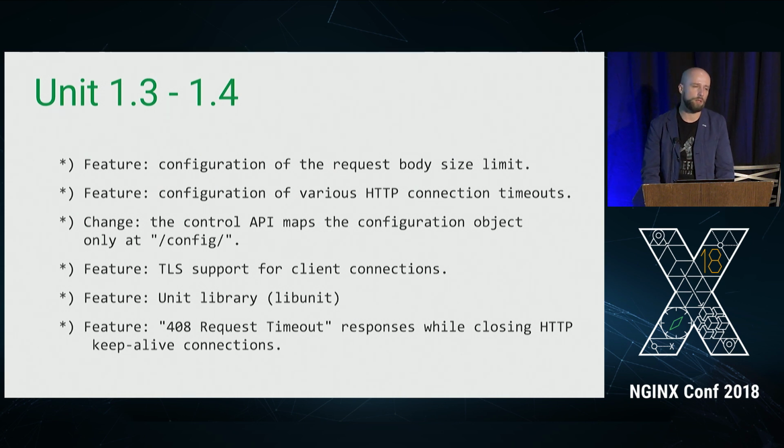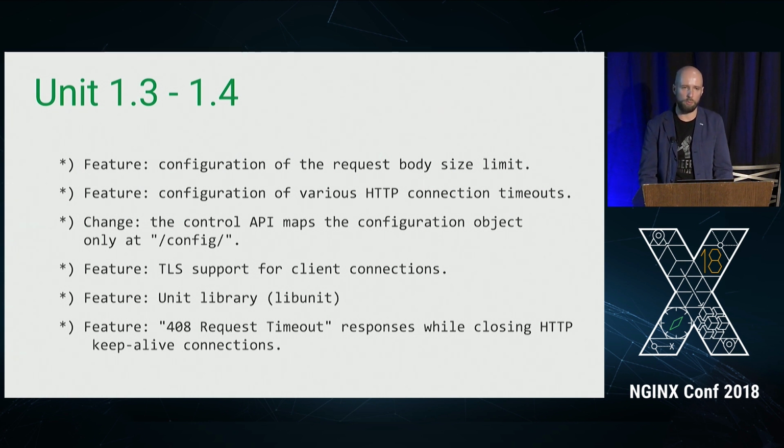Next, we moved the control API location from / to /config. And that change allowed us to create more different items in the main URL, namely the certificates.